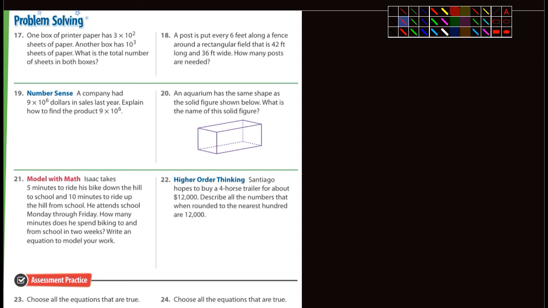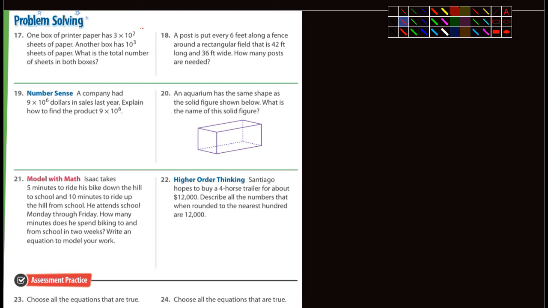One box of printer paper has 3 times 10 squared sheets of paper. Another box has, well, actually they don't write it, but it'd be 3 times 10 to the third sheets of paper. What is the total number of sheets in both boxes? Well, first off, what's 3 times 10 squared?